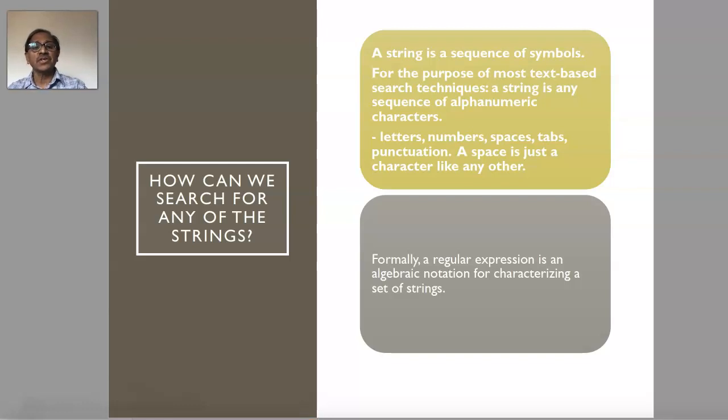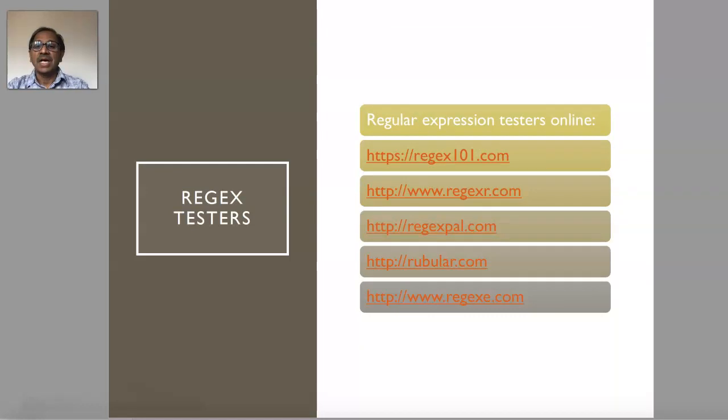If you are trying to define a regular expression formally, it's an algebraic notation, because it's not just characters, right? So it is an algebraic notation for characterizing a set of strings. And they can be used to specify search strings as well as to define a language in a formal way.